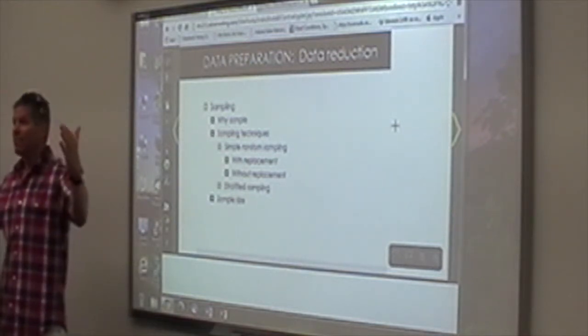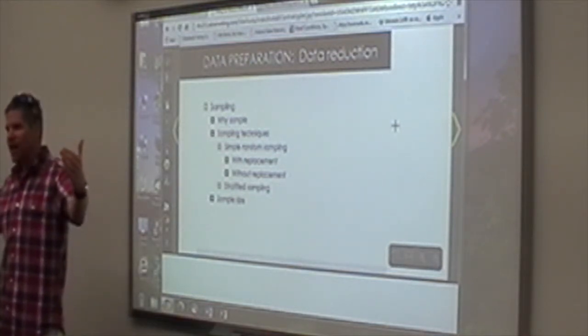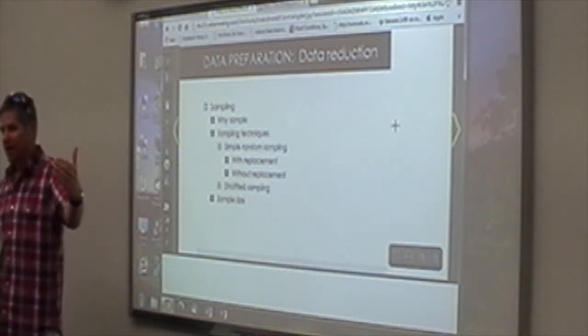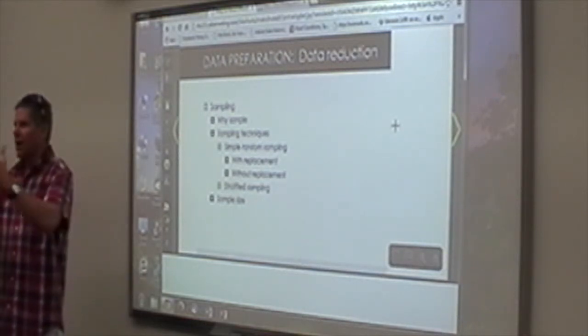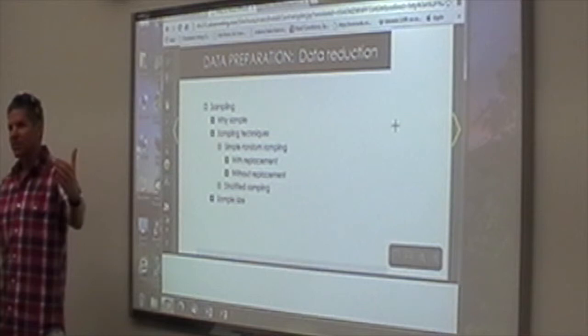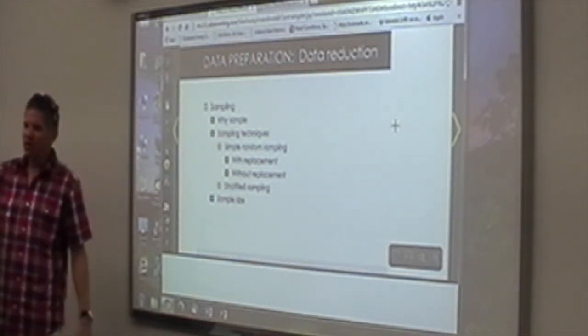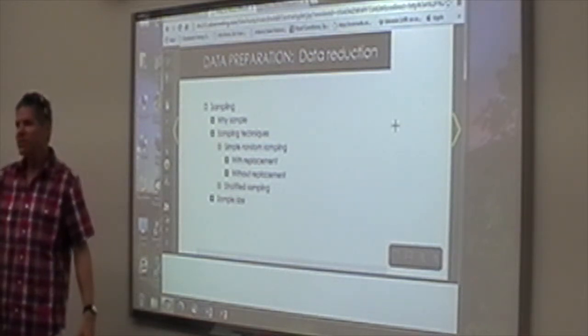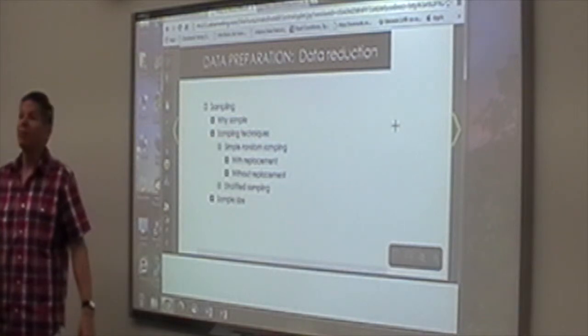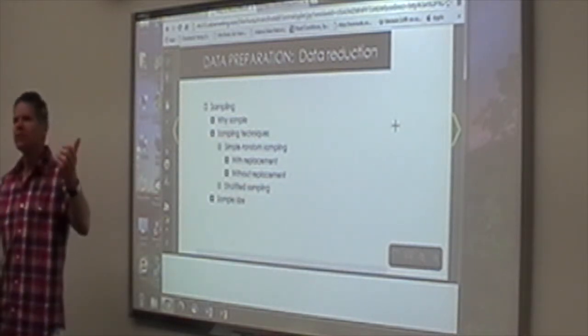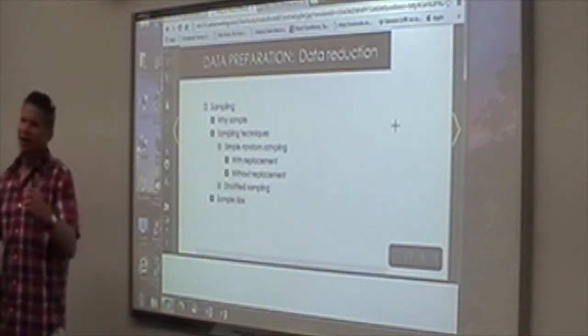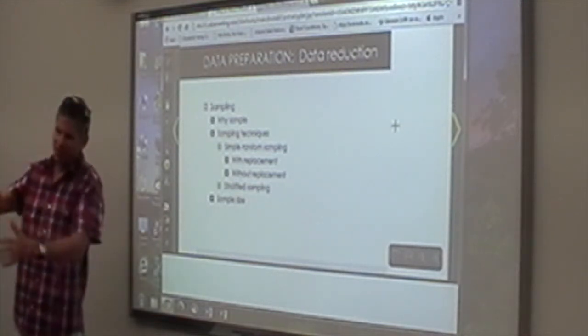If you're looking at a big data set, it's probably not going to make a difference, because if you've got 100,000 data points, the chance I'm going to pick Jeremiah twice is pretty slim, if they're equally weighted. With 8, it's going to be more likely.